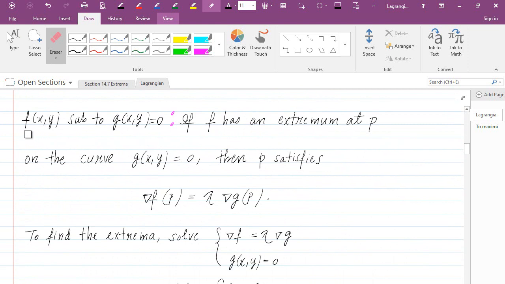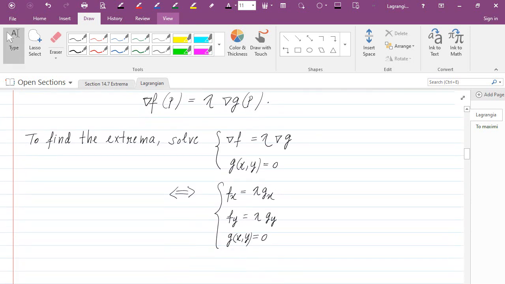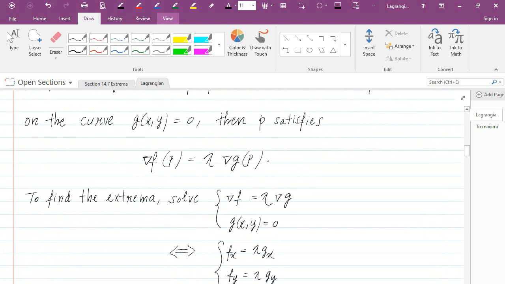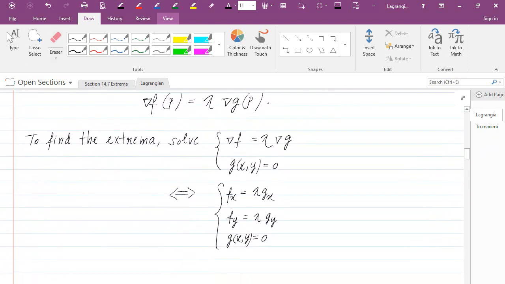If we are trying to optimize f of x y subject to the constraint that g of x y is 0, then if the extremum of f occurs at the point P satisfying the constraint equation, then P must also satisfy the equation that the gradient of f at P is equal to some scalar lambda times the gradient of g at P. So to find the extrema of f on the curve given by the constraint equation, what we need to solve is this system of equations: the gradient of f is equal to lambda times the gradient of g, where lambda is a scalar, and g of x y is equal to 0.